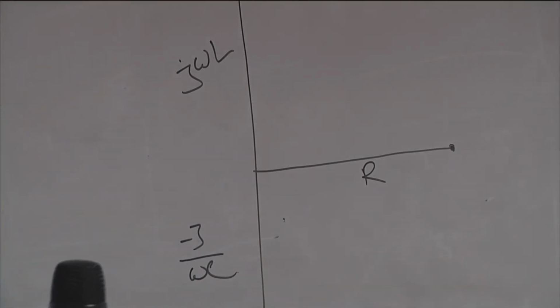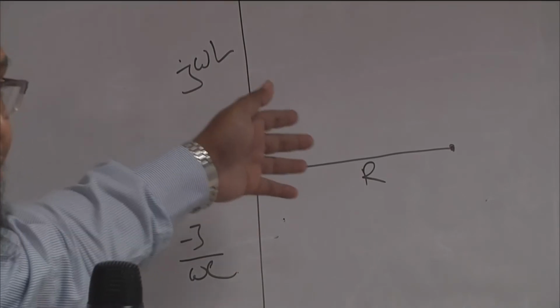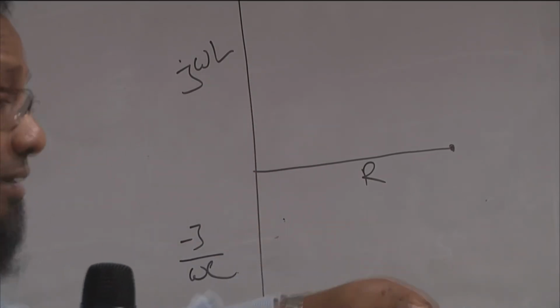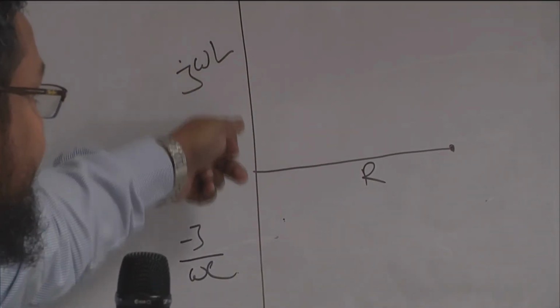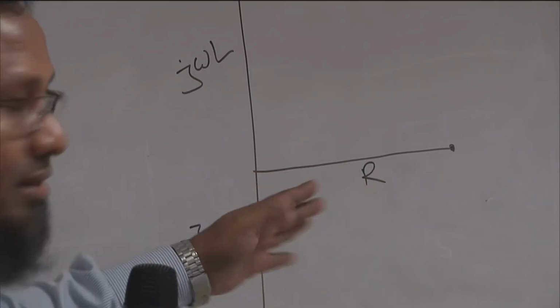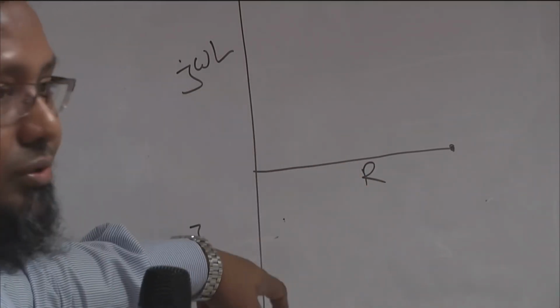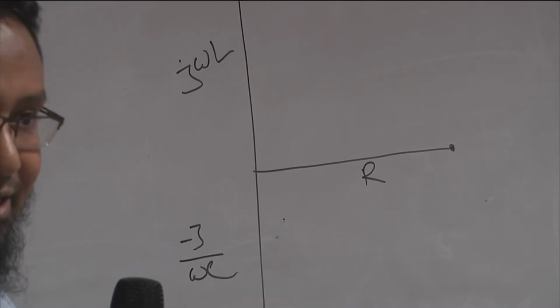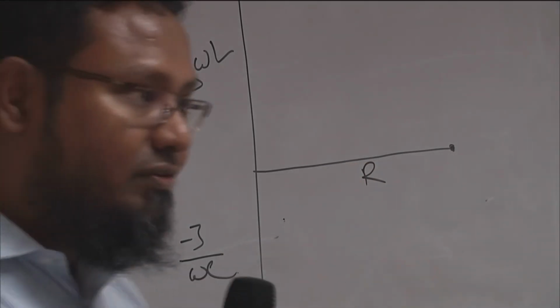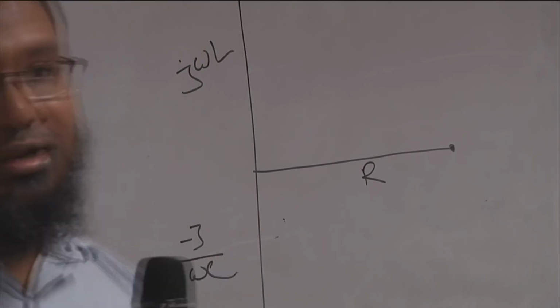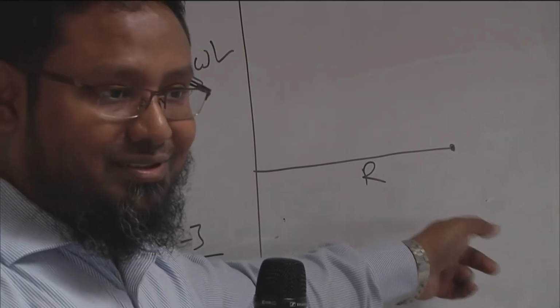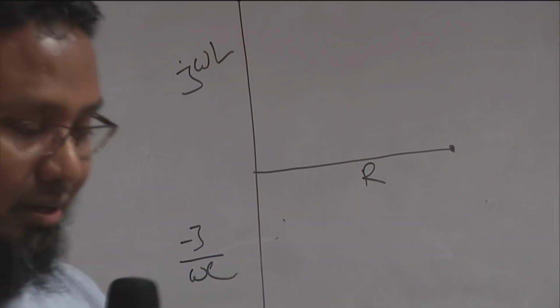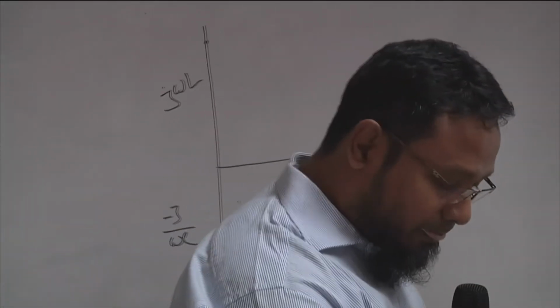If you keep changing the frequency, at a certain frequency, which we call the resonance frequency, these two reactances cancel each other out. As a result, the equivalent impedance is going to be purely resistive. That's a very interesting phenomenon, and we actually use this in some circuits. This is called resonance. Is that okay, Pavin?